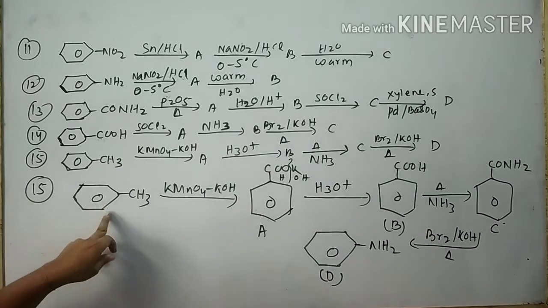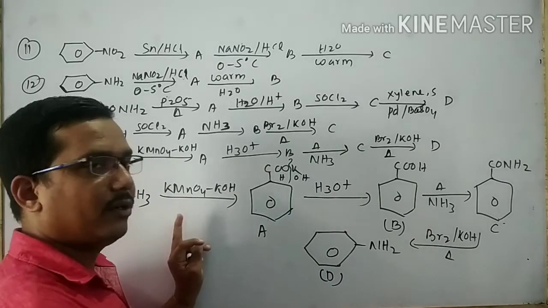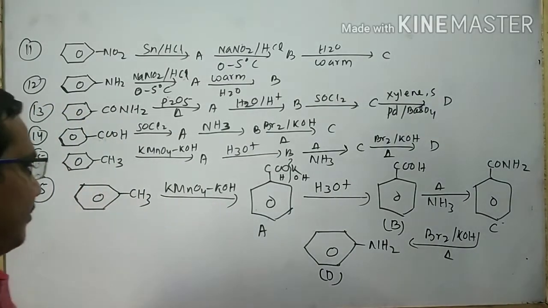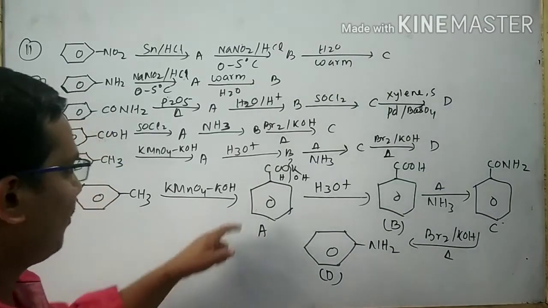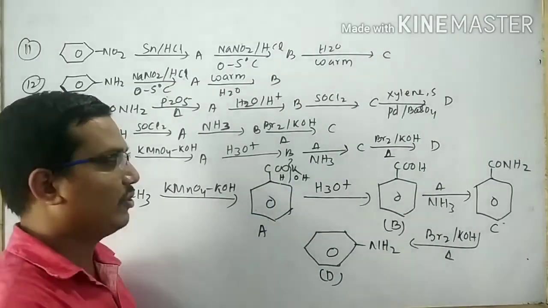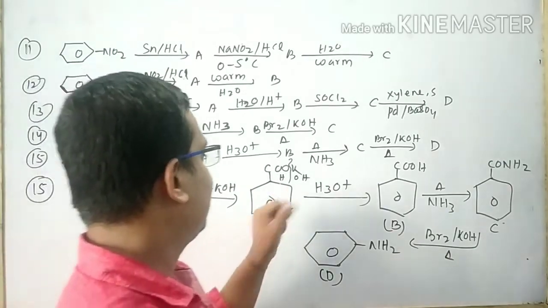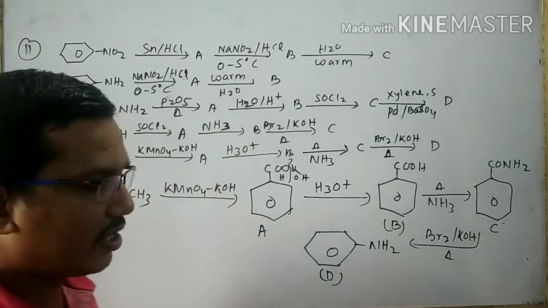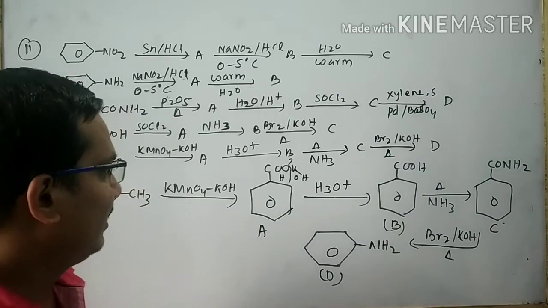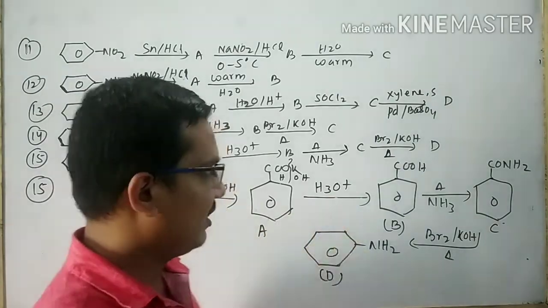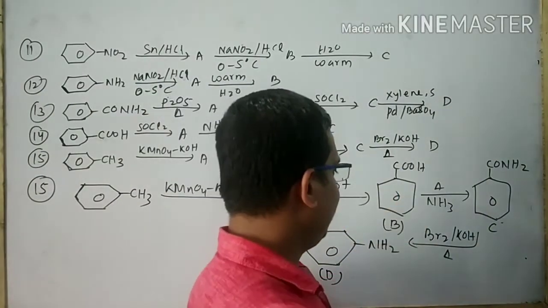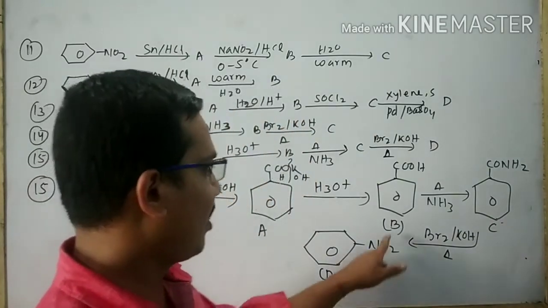This is said to be toluene. Toluene subjected to oxidation by alkaline KMnO4. Then potassium salt of benzoic acid is formed, which is considered as the A product. This A product undergoes acid hydrolysis, gives benzoic acid, which is the B product.